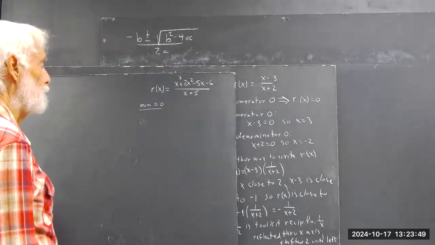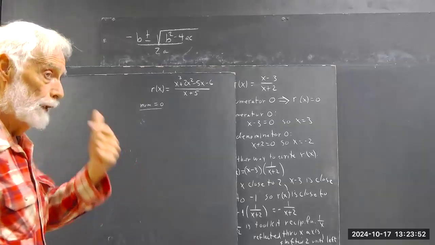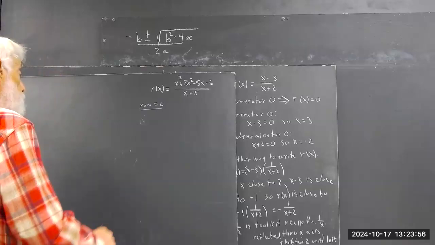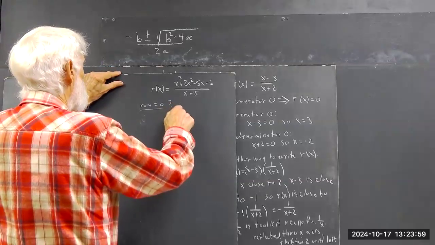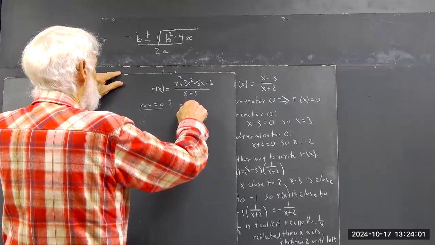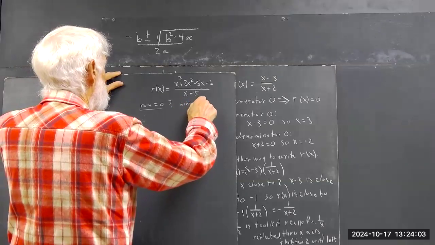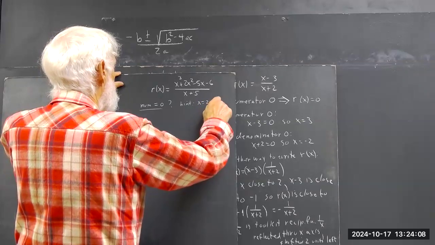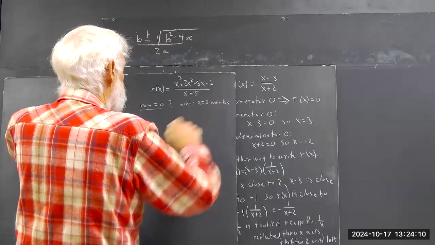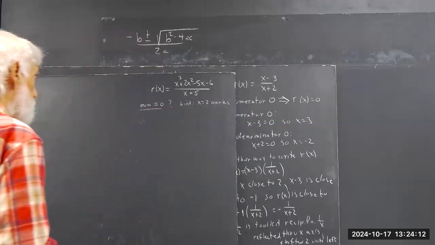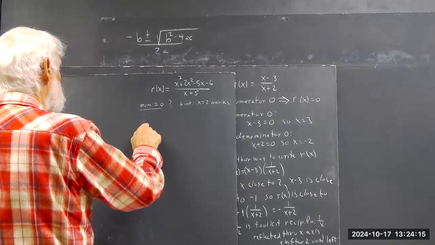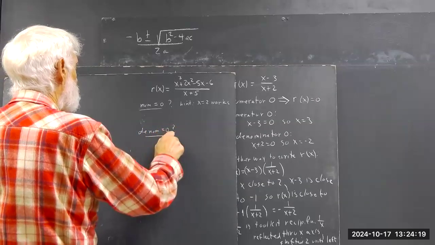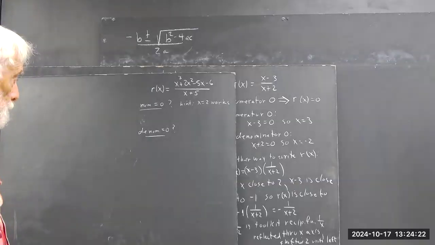Numerator equals 0. Where is the numerator equal to 0? For what values of x is the numerator equal to 0? And x equals 2 works. Where is the denominator equal to 0?